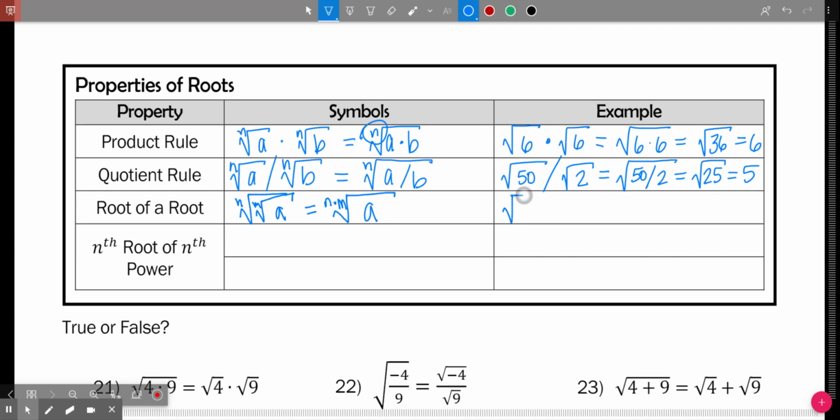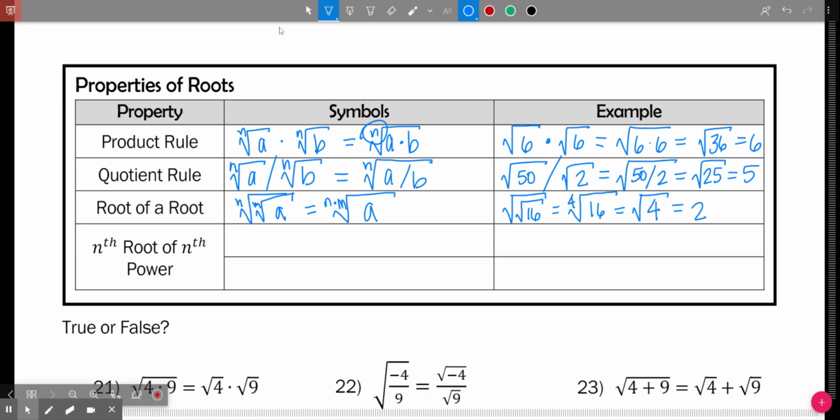So if I'm finding the square root of the square root of 16, well, this would be the fourth root of 16, which is 2. Or you can break it down as, I know the square root of 16 is 4, and the square root of 4 is 2.